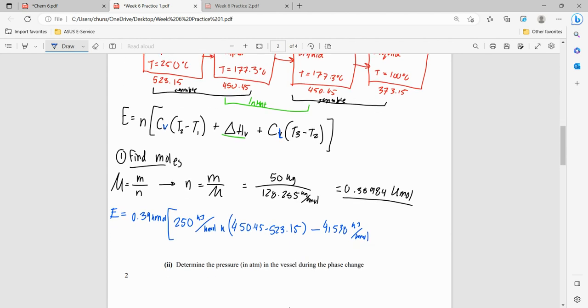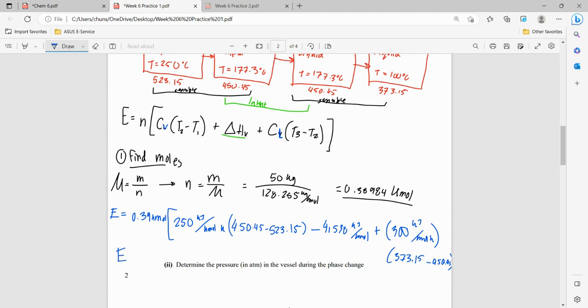Okay, and this is plus 300 kilojoules per kilomole Kelvin, times our last change, which is T3 minus T2. So this is 373.15 minus 450.45. Okay, and all of this multiplied by our moles.